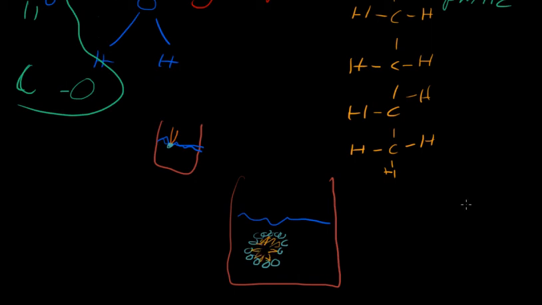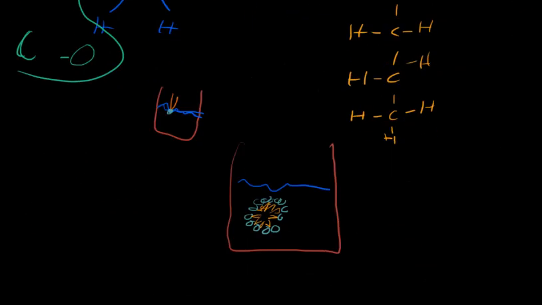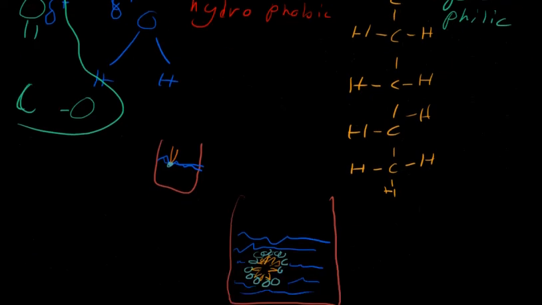And so then, again, it makes sense, because the head loves water, and so the head is being exposed to the water that's in the beaker. And the tails don't like water, and so they get to group together on the inside and just touch each other, not touching the water whatsoever.